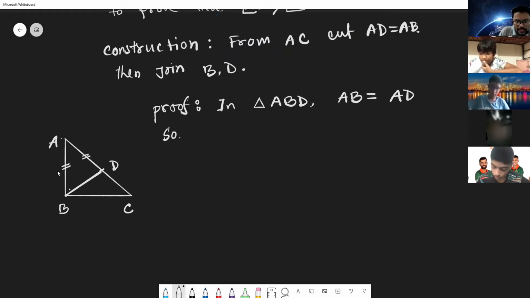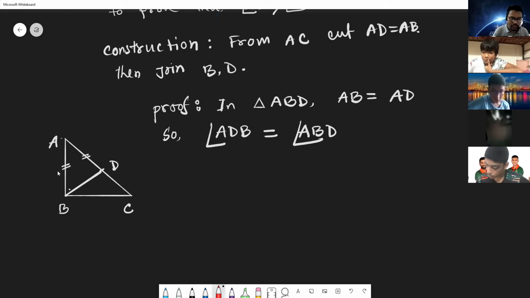When the two sides are the same, then their opposite angles, angle ADB opposite AB and angle ABD opposite AD, are equal. So their opposite angles must be the same. If I show you in color, this is the red angle. Because the two sides are the same, the two angles must be the same. So I think you have no questions up to this.